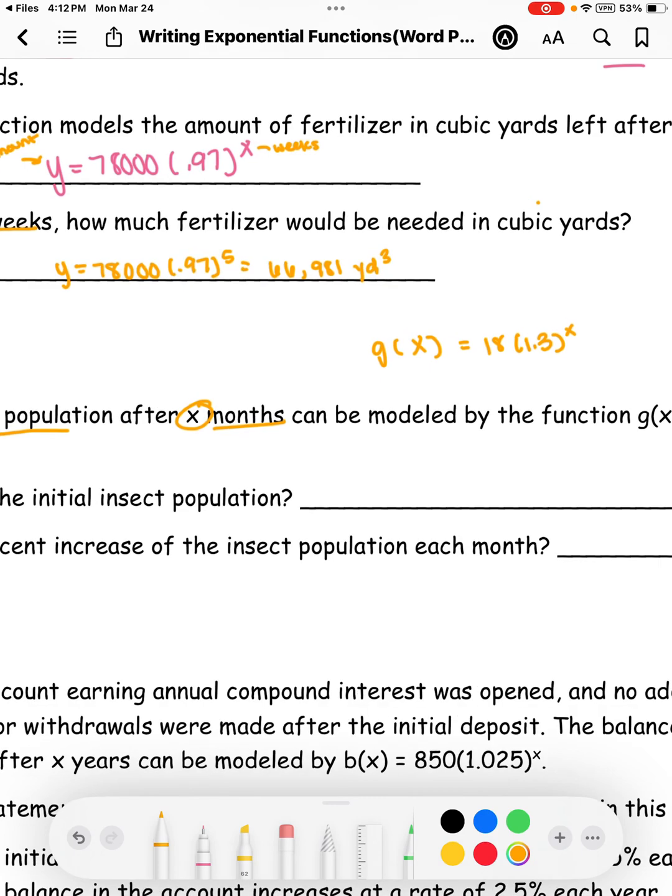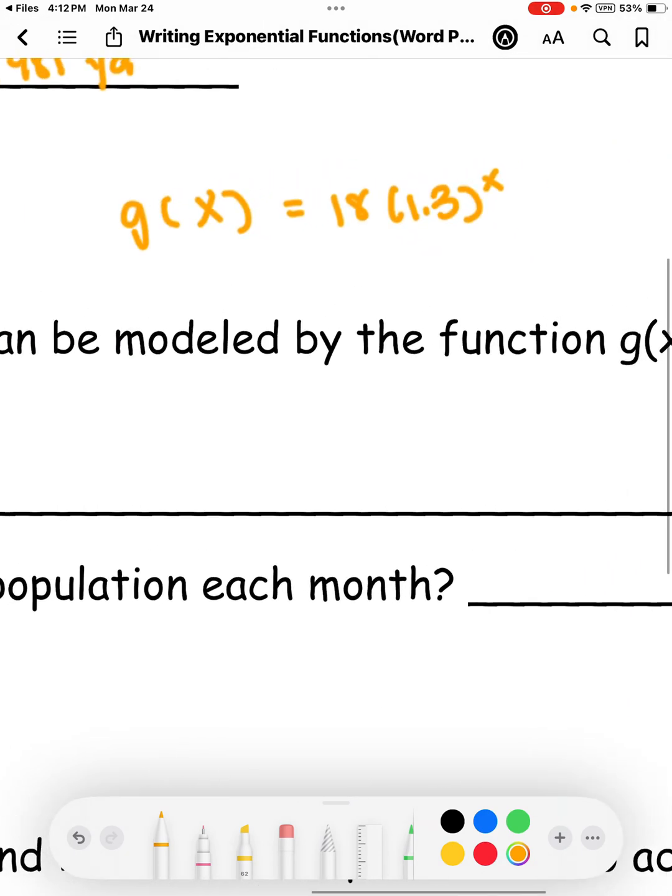Okay, x is our months. And g of x is the insect population. Okay, here's my next question. What does 18 represent?